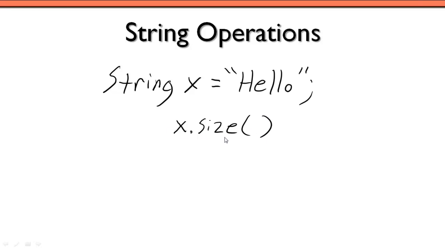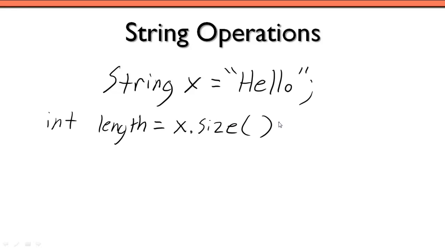So this thing right here is just an operation that gets the length or the size of this particular string. And then we could make this a statement in which we assign this value. This is going to return an integer value to us. So we could declare an int variable, and we'll just call it length, for lack of a better name, and assign this result to length.